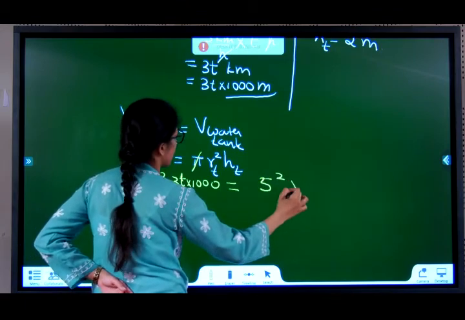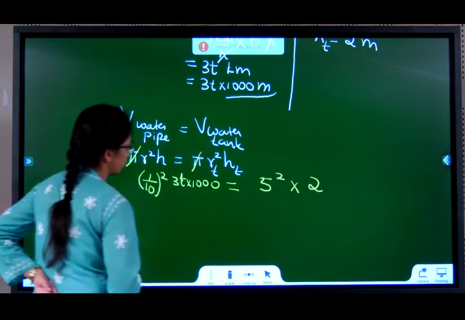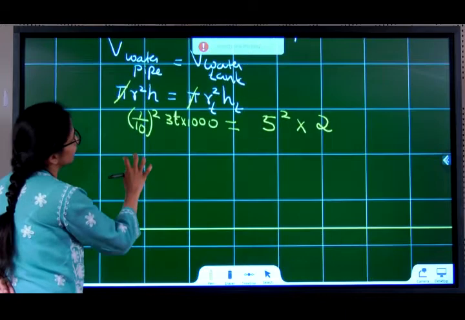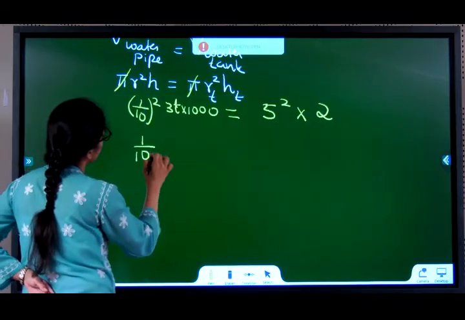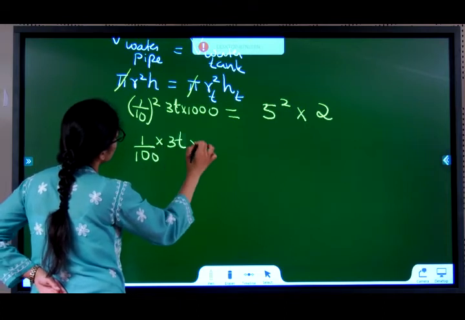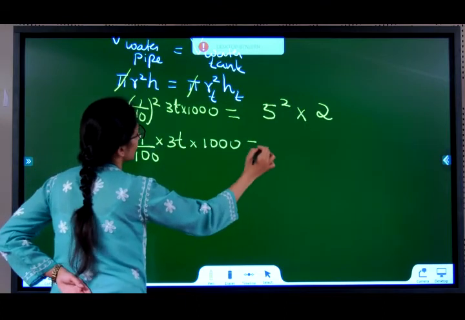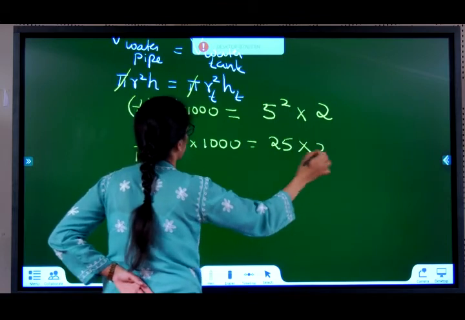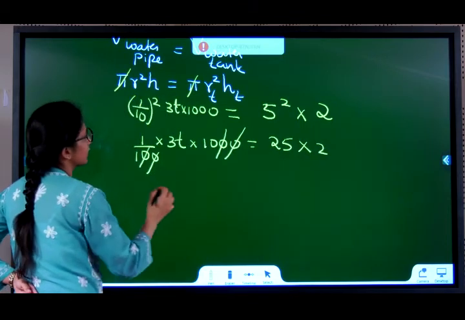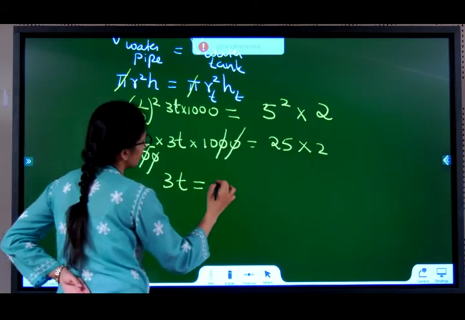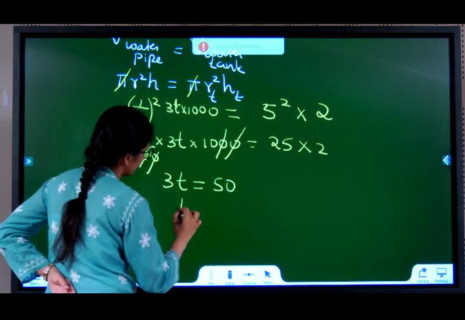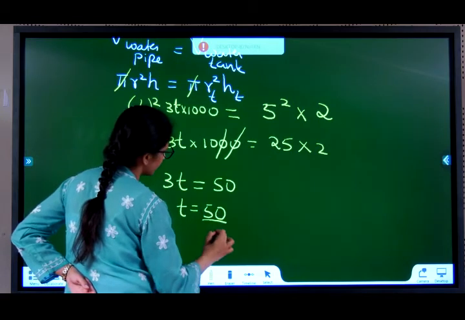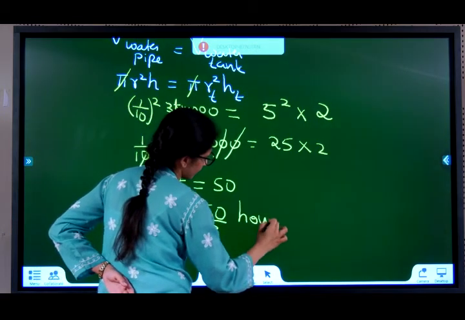So 5 square. Height of the tank 2. So now we have to solve this for t. So 1 by 100 into 3t into 1000 is equal to 25 into 2. Zeros cancel. 3t is equal to 25 into 2, 50. t is equal to 50 by 3 hours.